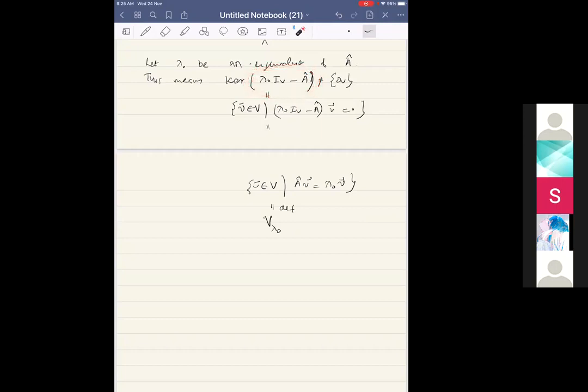Yes, sir. So now, lemma, this partially answers your question. V lambda 0 is invariant under a hat, i.e., if a vector v belongs to V lambda 0, then a hat v also belongs to V lambda 0. Proof.